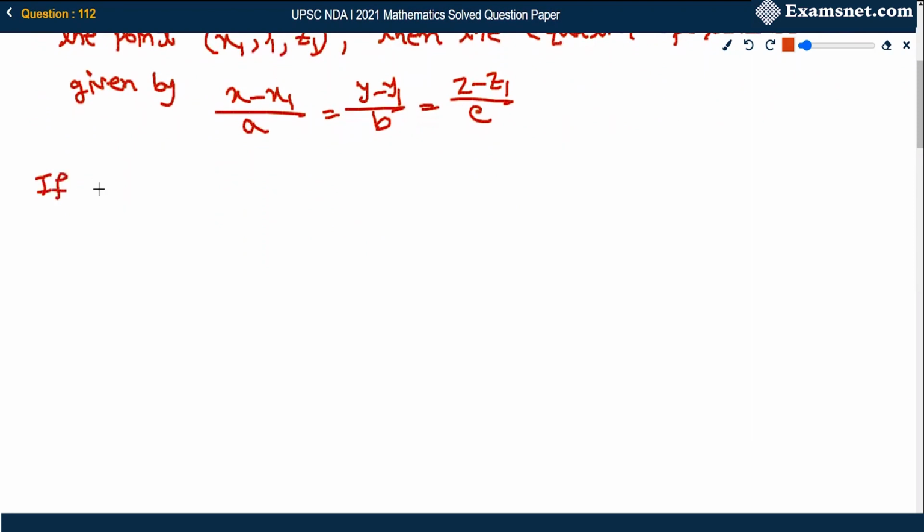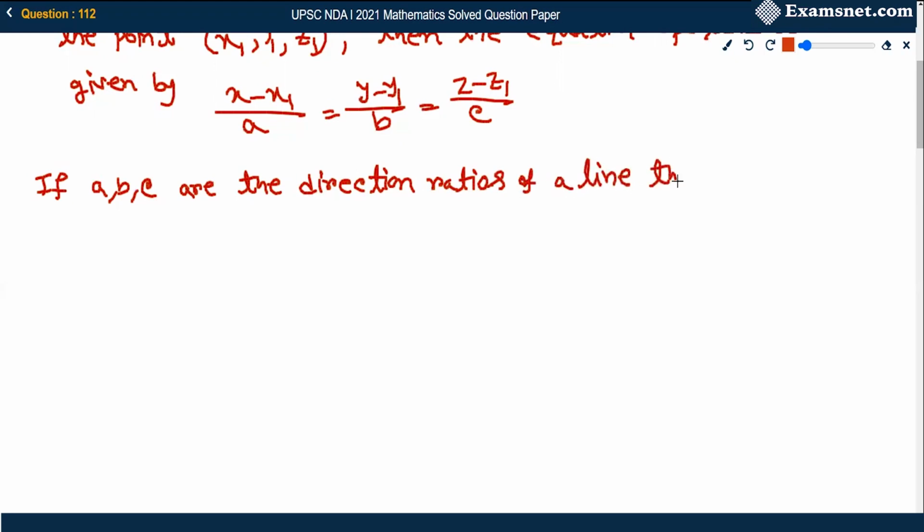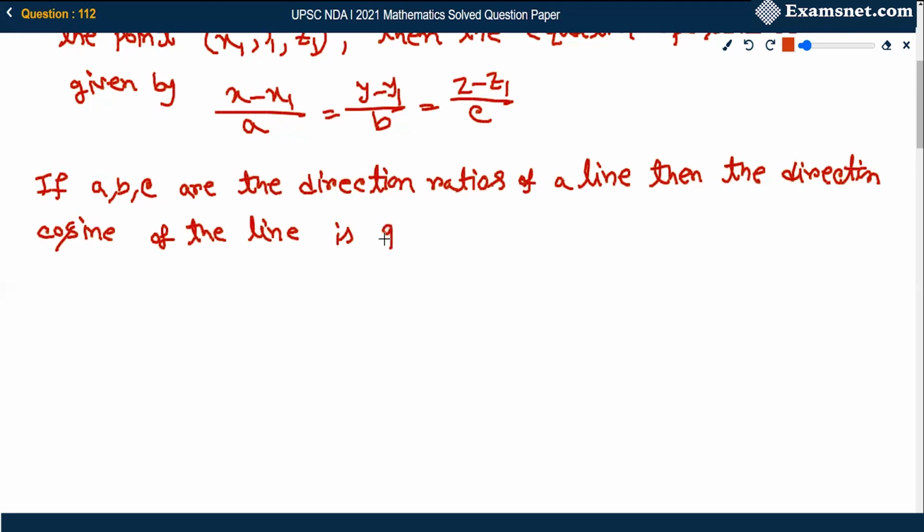So if A, B, C are the direction ratios of a line, then the direction cosine of the line is given by, remember, L, M, N we represent the direction cosines of a line.